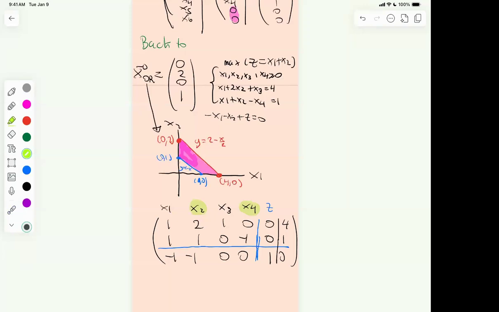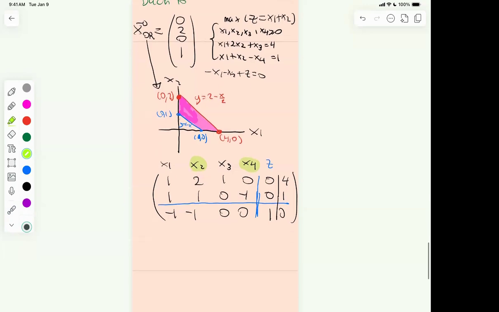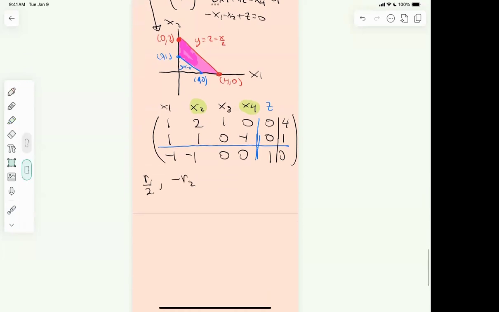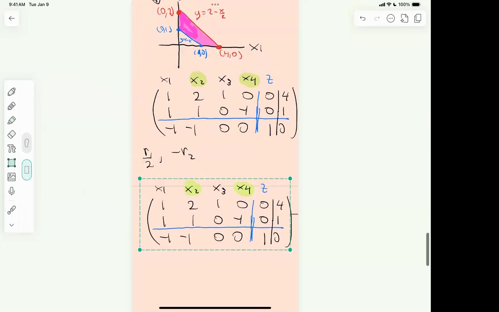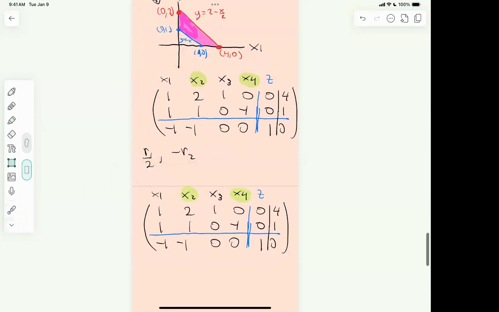So I'm dividing the first row by 2 and I get 1 half, 1, 1 half, 0, 0, and 2.